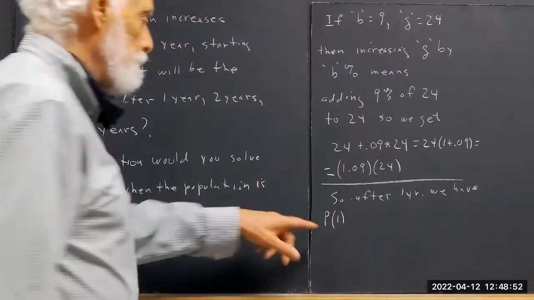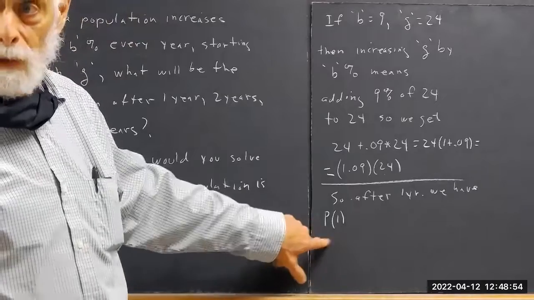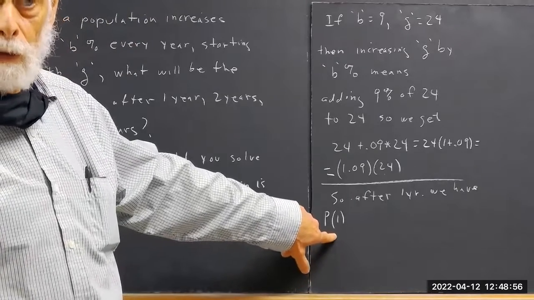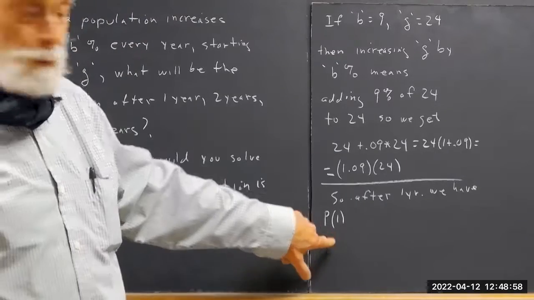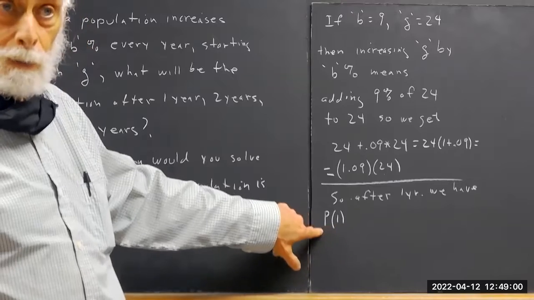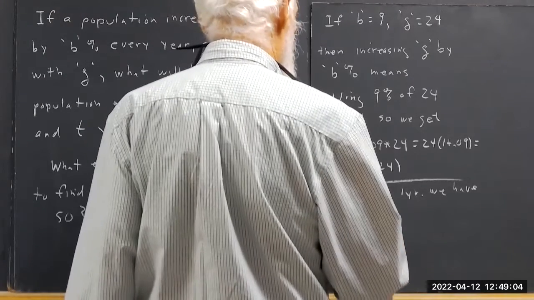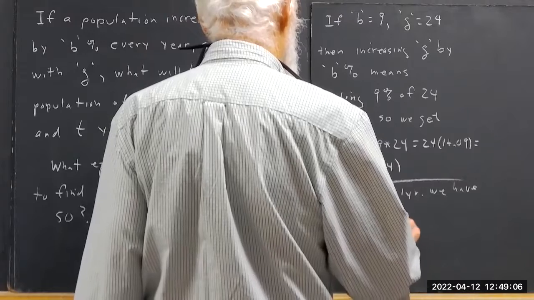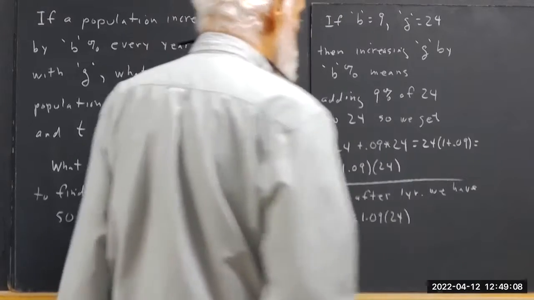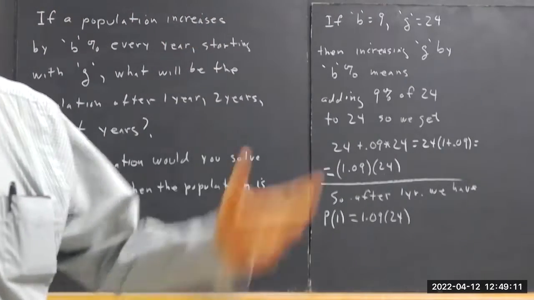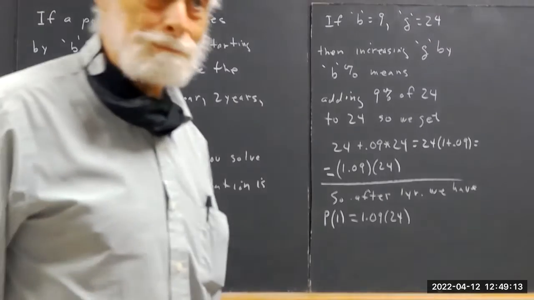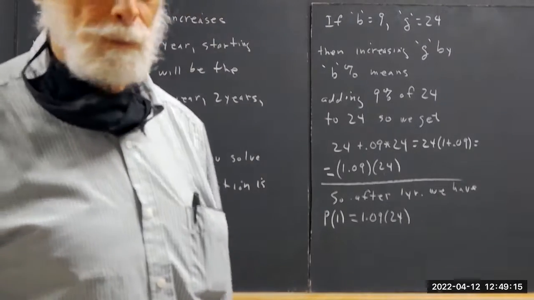I'm going to use P of 1, a function P of t for the population, okay? We haven't yet developed what P of t is, but we can say that P of 1 is going to be 1.09 times 24, which is something you need to put into your calculator to get the actual number.